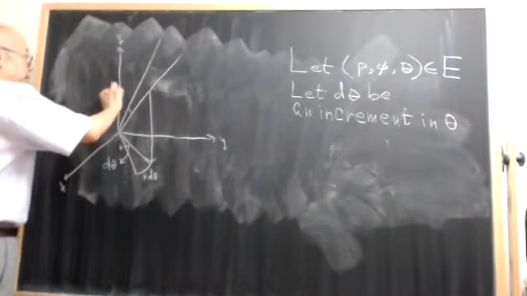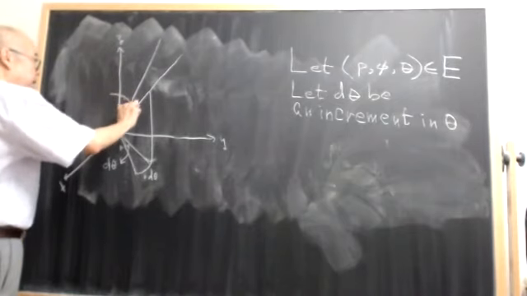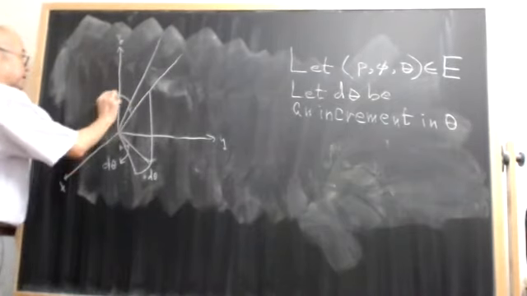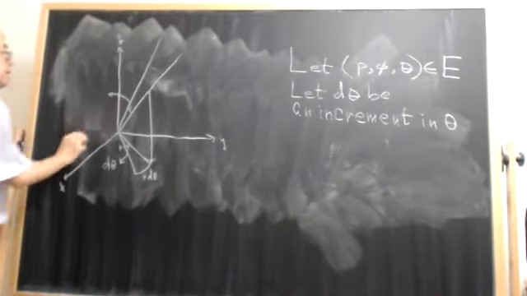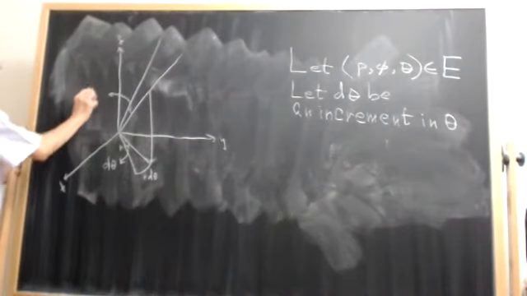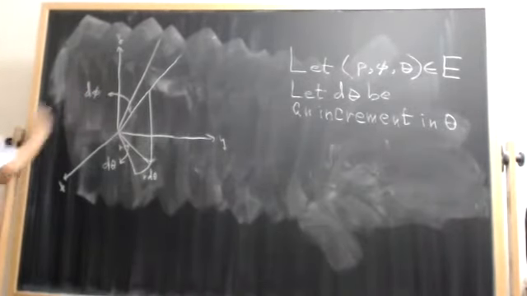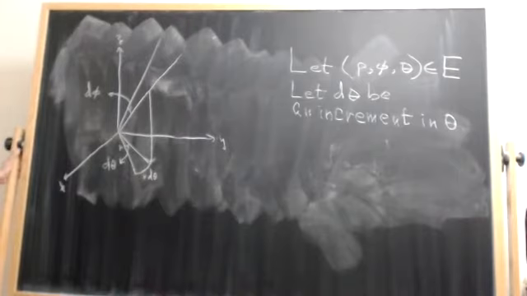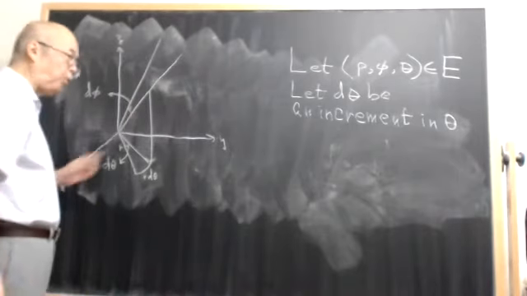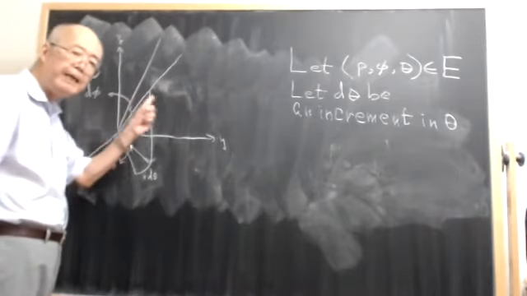Okay, so let me denote it like this. This is d phi. And this is the point rho, phi, and theta.